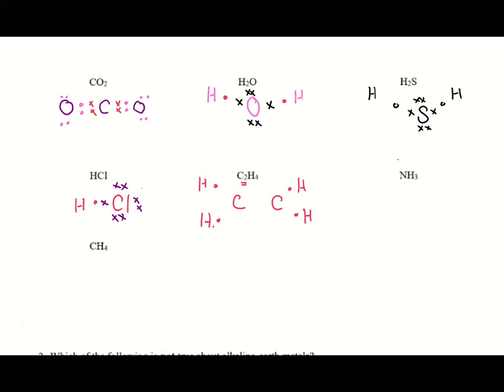Carbon has 4 electrons in the outer shell, and it should make a bond with 3 of them. This carbon should make a bond with this carbon and the H and H. So it will share 1 electron with hydrogen, and the 2 electrons will be left here. On the other side, the carbon will share 1 electron with each hydrogen, and the 2 electrons will be left in the middle. So it's a double covalent bond.